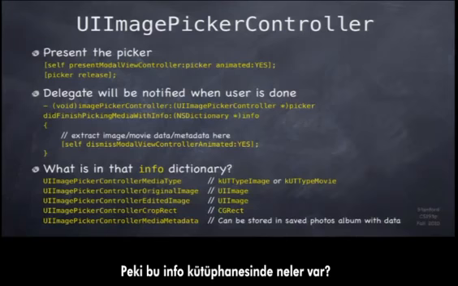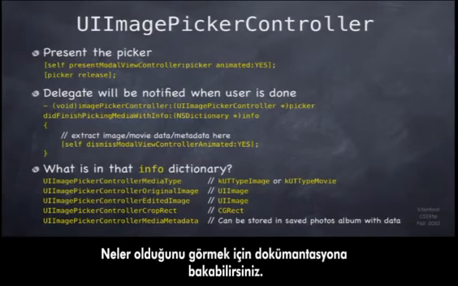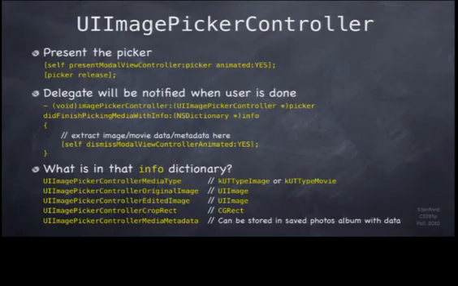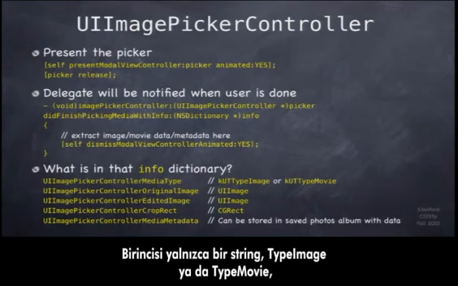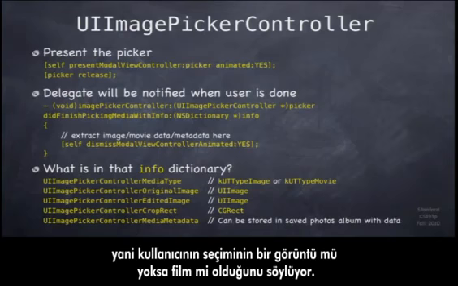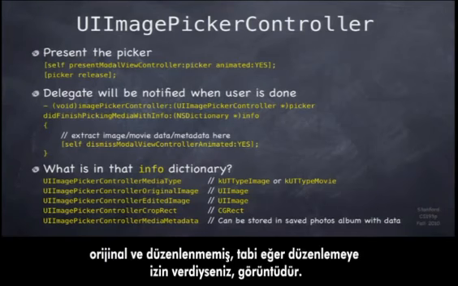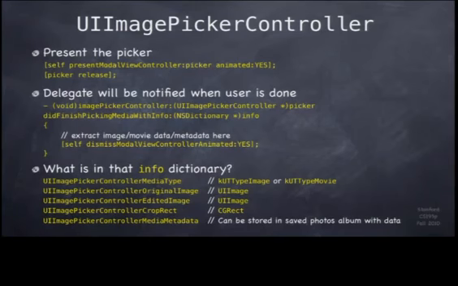All right, so what's in that info dictionary? You can look in the documentation and see what's in there. Here are 5 of the most commonly used ones. The first one is just a string, either type image or type movie, saying what the user chose, whether an image or a movie. The second one is a UI image, which is the original, unedited image that they took a picture of with the camera or got out of their photo library.